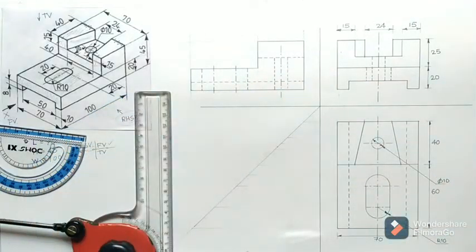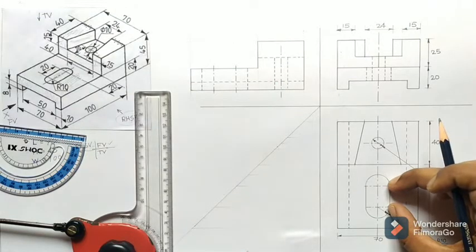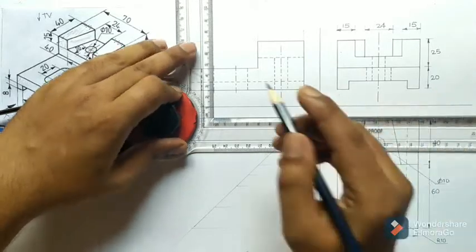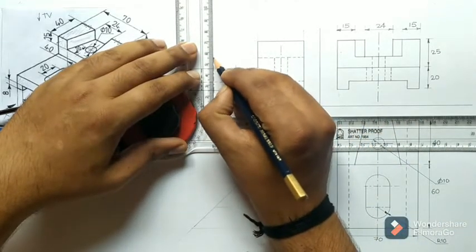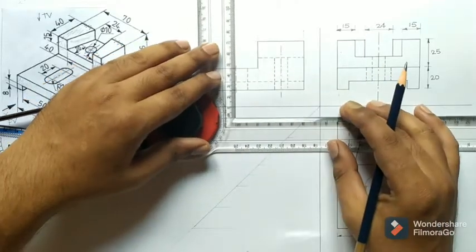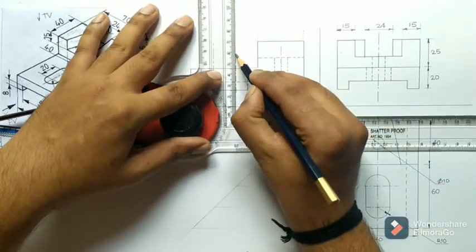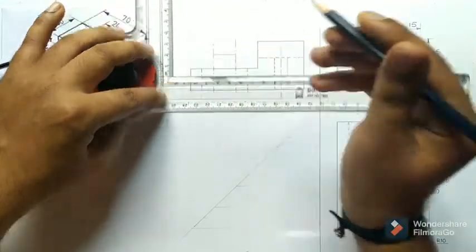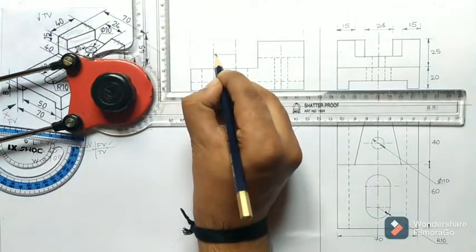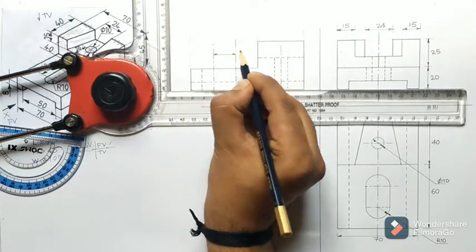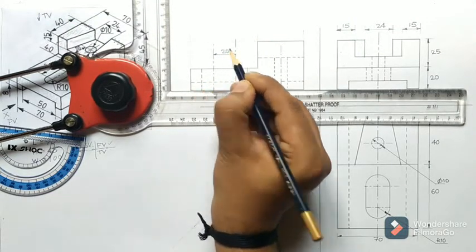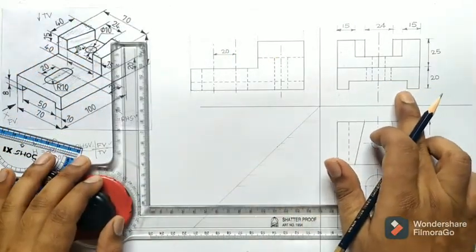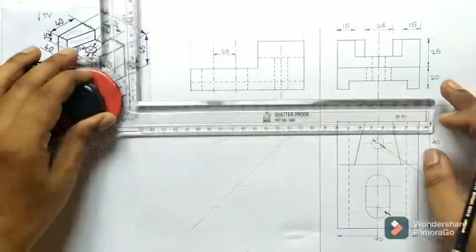Right, now I need to show this much distance, which is of 20 mm. So center line, so in this I will show here 20 mm distance. Right, 8 mm slot, we need to show it.